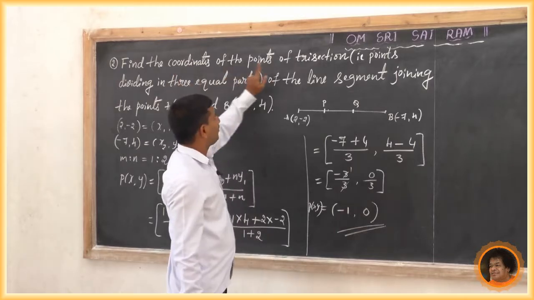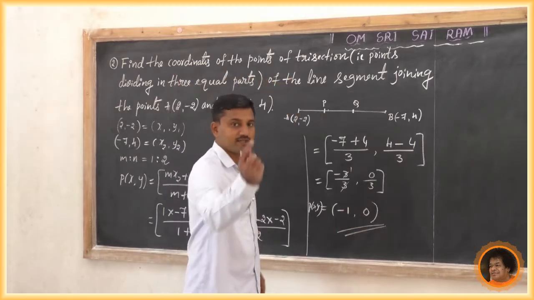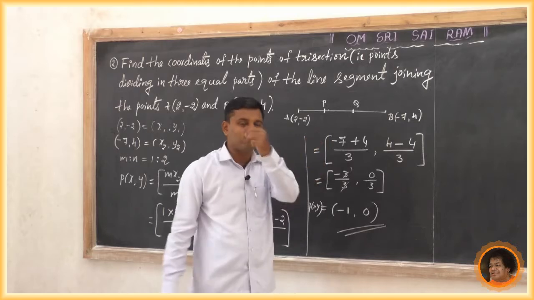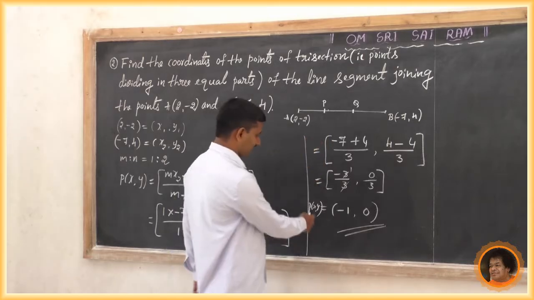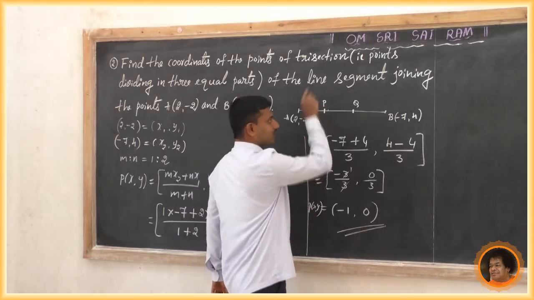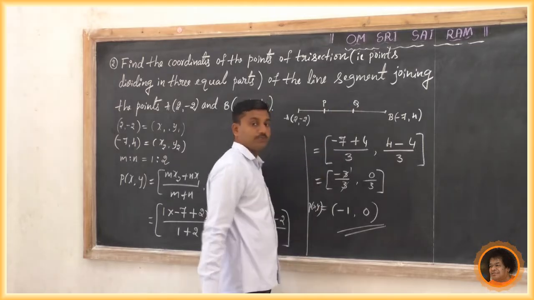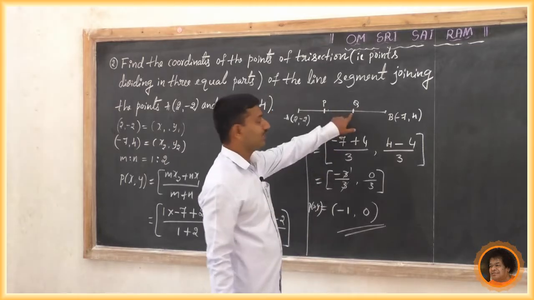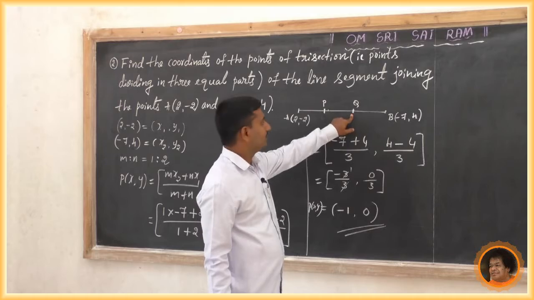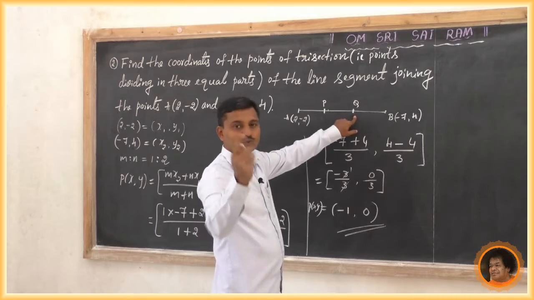Find the coordinates of the points of trisection. Trisection means it divides the line segment into 3 equal parts. So we get the coordinates of the point P. Next we have to find the coordinates of the point Q. How to find the coordinates of the point Q? This can be done in 2 ways.